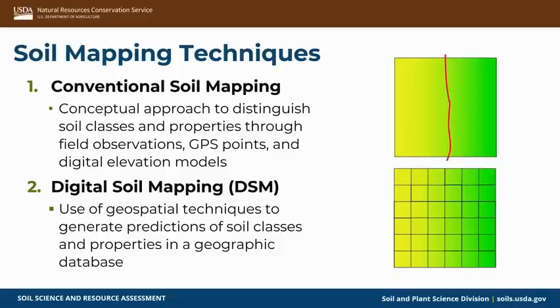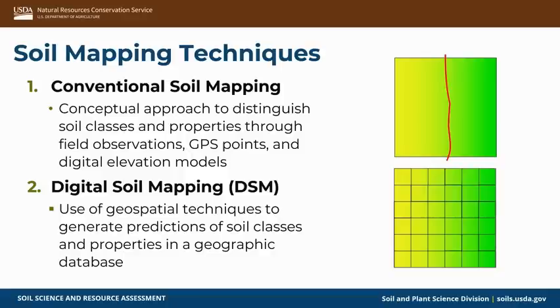You have to understand the two overarching techniques for soil mapping, one being conventional soil mapping and two being digital soil mapping, or DSM. Conventional soil mapping is way more conceptual. The soil scientist is building this in their head.